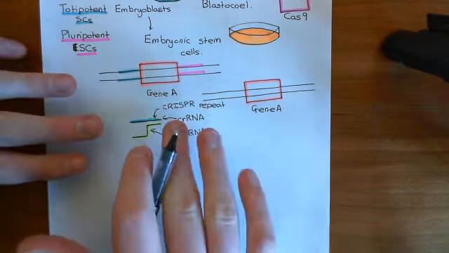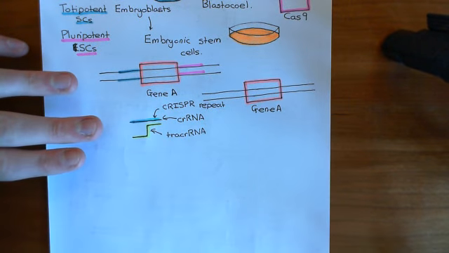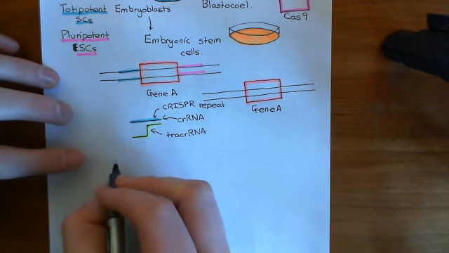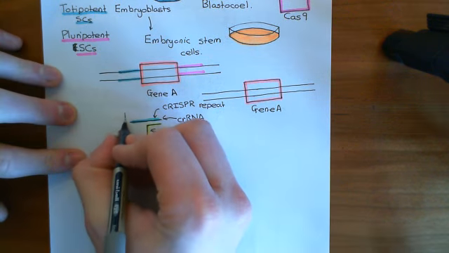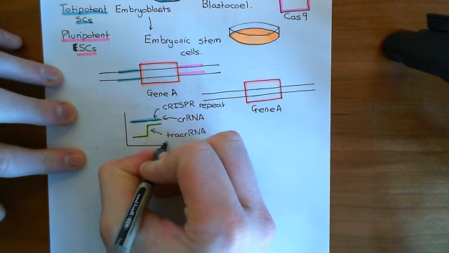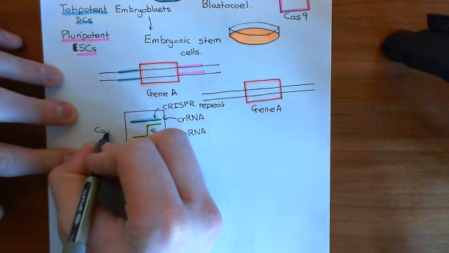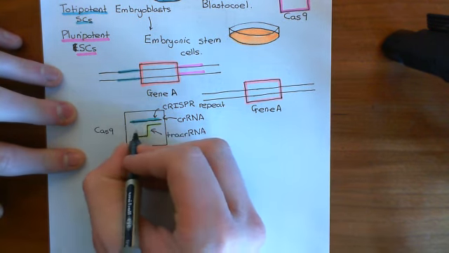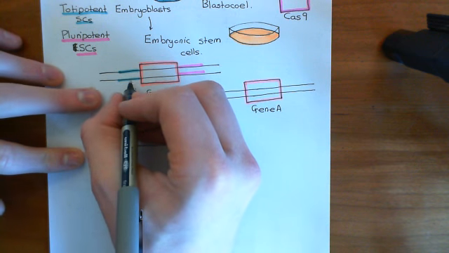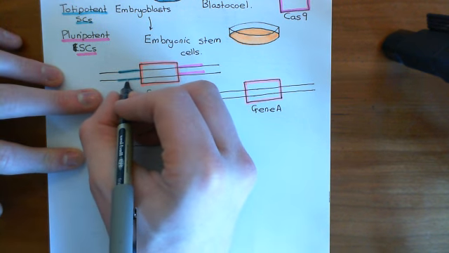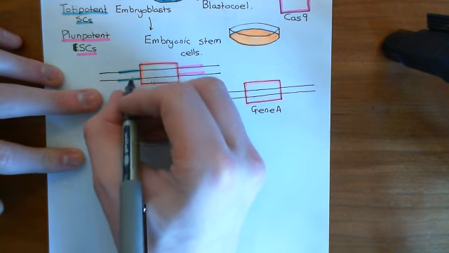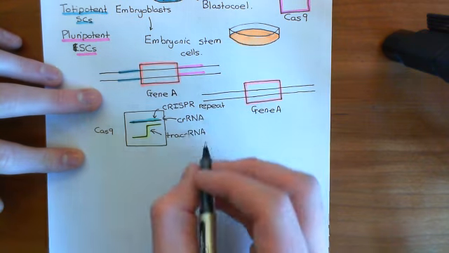All you have to do is get the CRISPR RNA into the cells, and then these complexes are going to form. They're going to bind to Cas9 enzymes, like so, and now the Cas9 enzyme is going to find this portion of the DNA here, bind to it and produce a double-strand break there.